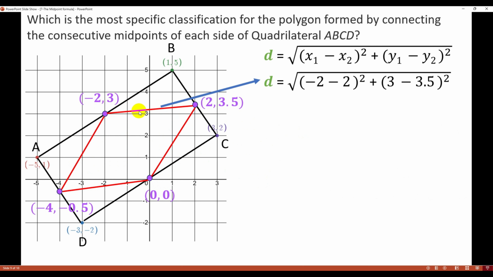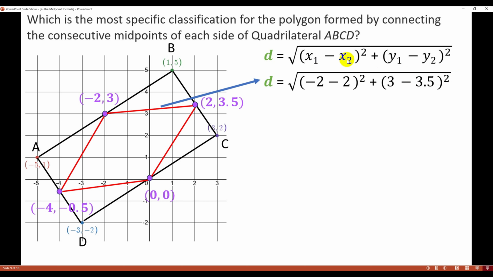For this side here, we apply the distance formula between these two coordinates. So it will be negative 2 minus 2 parentheses to the power of 2, and then 3 minus 3.5 to the power of 2.